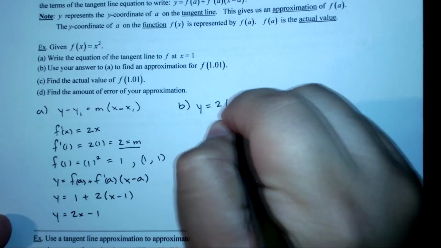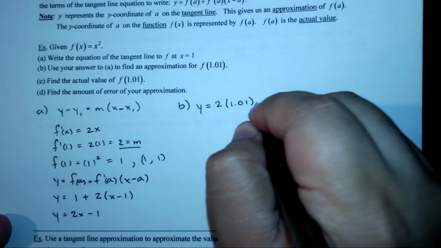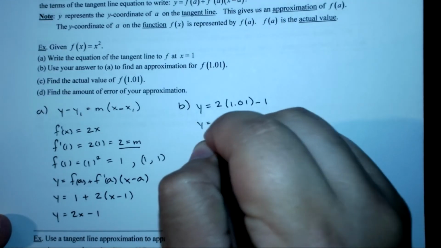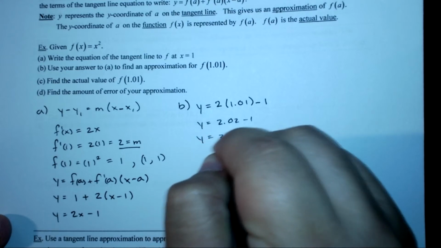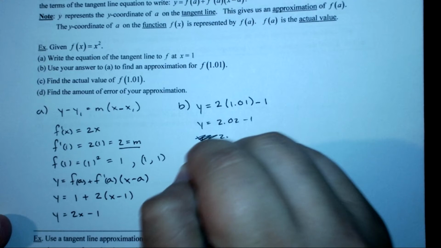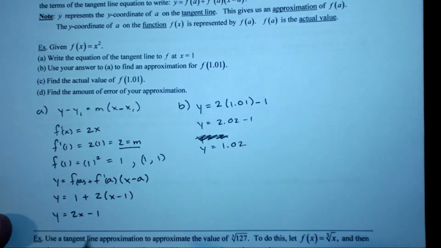So y equals 2 times 1.01 minus 1. So you get y is equal to 2.02 minus 1. So y is equal to 1.02. Okay.